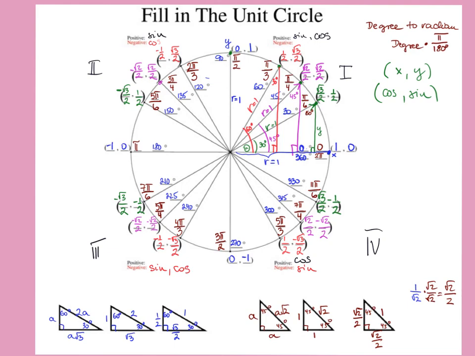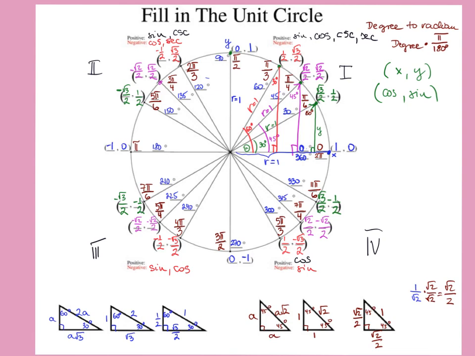Now let's look at the reciprocal functions. So the reciprocal of sine is cosecant. So if sine is positive, cosecant is also positive. And the reciprocal function of cosine is secant. If cosine is positive, secant is also going to be positive. Then we move to quadrant number 2. So sine is positive, therefore cosecant is positive. However, cosine is negative, so secant is also going to be negative.